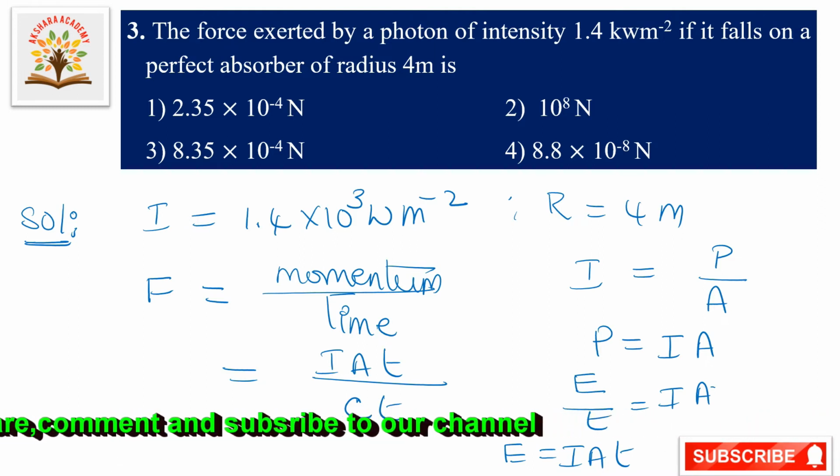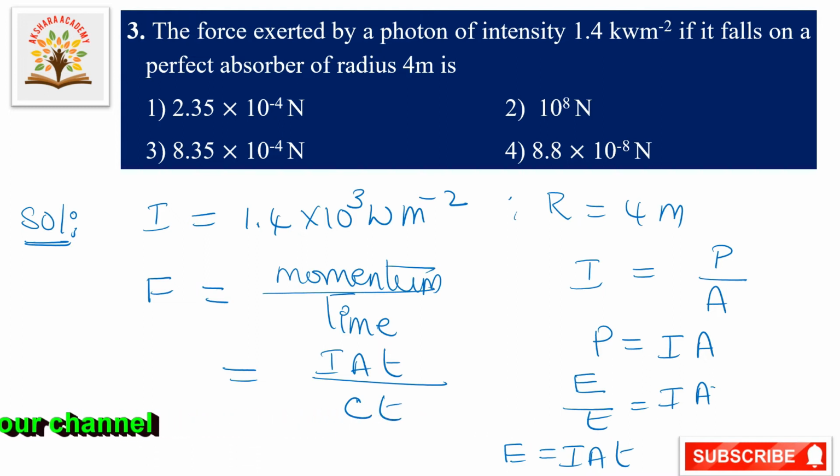So P is equals to IAT by C. So now we can write F is equals to IAT into, this time can be written as C into T. So from this F is equals to, A is nothing but pi r square. Now substituting in the place of A, I, here T gets cancelled.